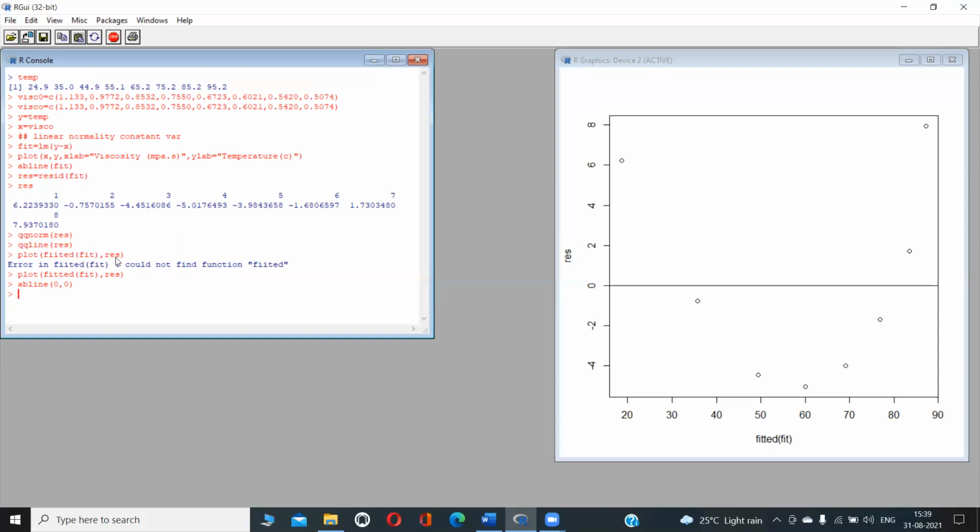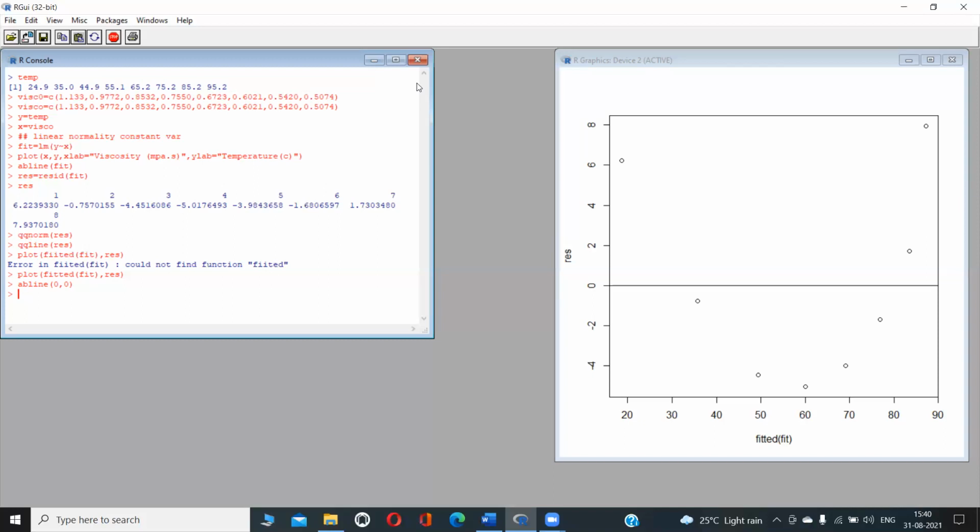But before going to that, whenever we are performing linear regression or any non-linear regression, we want to check in model adequacy whether the assumptions for the regression analysis are satisfied or not, whether our model or our variables satisfy them. For linear regression analysis, we have these three assumptions: linearity, normality, and constant variance.